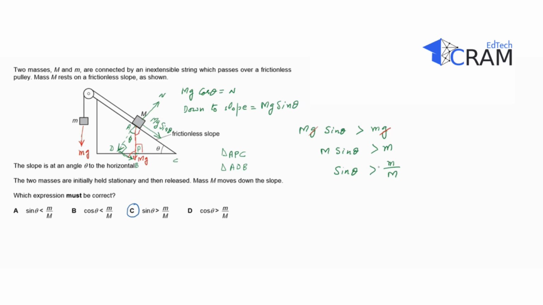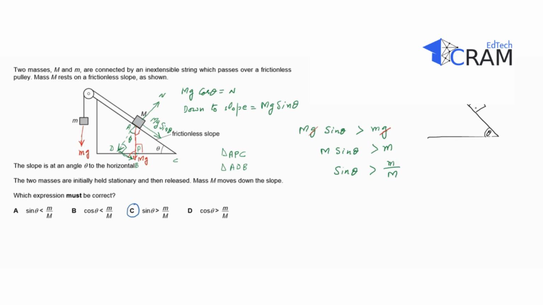You may wonder how we took this angle theta to be equal to this angle theta. Let me show you in a separate diagram. Suppose this is an inclined plane with the mass on it, making an angle theta.